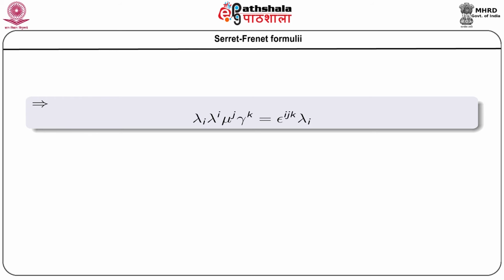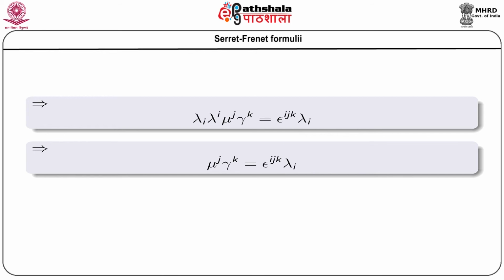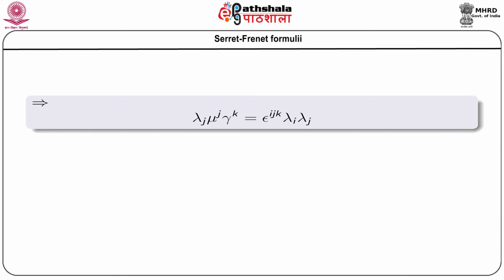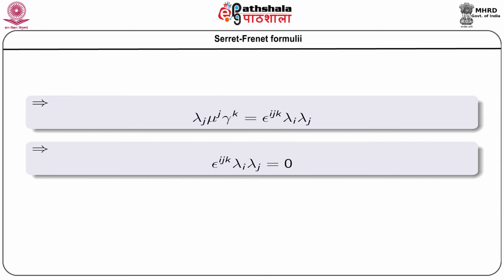We get μ_j γ_k equals ε_ijk λ_i, and that is λ_j μ_j γ_k equals ε_ijk λ_i λ_j, and this is equal to 0, because on the left hand side λ_j and μ_j are multiplied. So this is equal to 0. Therefore, ε_ijk λ_i λ_j equals 0.